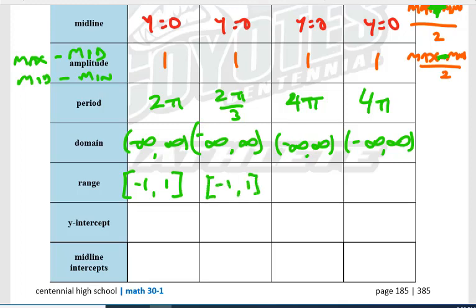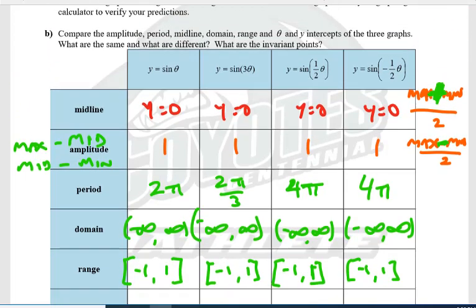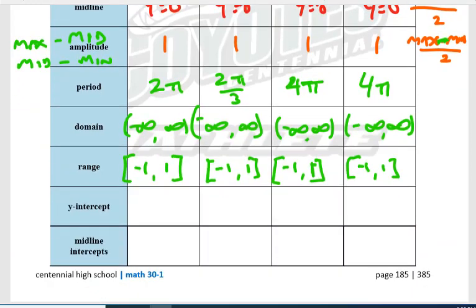So why did our domain not change? Well, our domain didn't change because it just keeps going. It's a periodic function that continues on. Once it's done one period, it repeats. It's this periodic pattern that happens again and again and again, to infinity to the left and infinity to the right. And you look at the graph, it's pretty clear to see. So there's your domain.